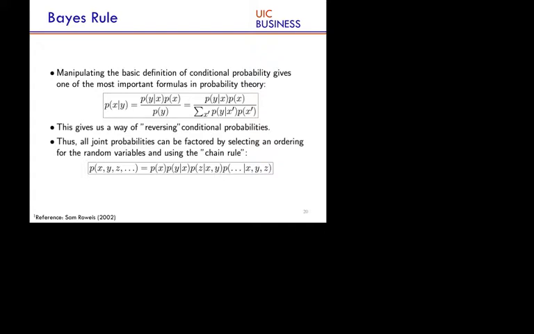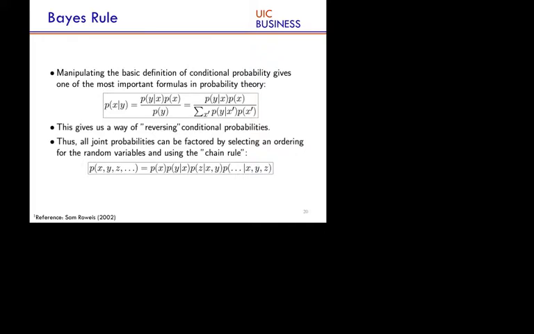Let me explain it by an example. Let's say probability of x, y, and z is just the probability of x given y and z times probability of y, z. Okay, and then this you can further expand as probability of y given z times probability of z. So this is just the chain rule. Okay.